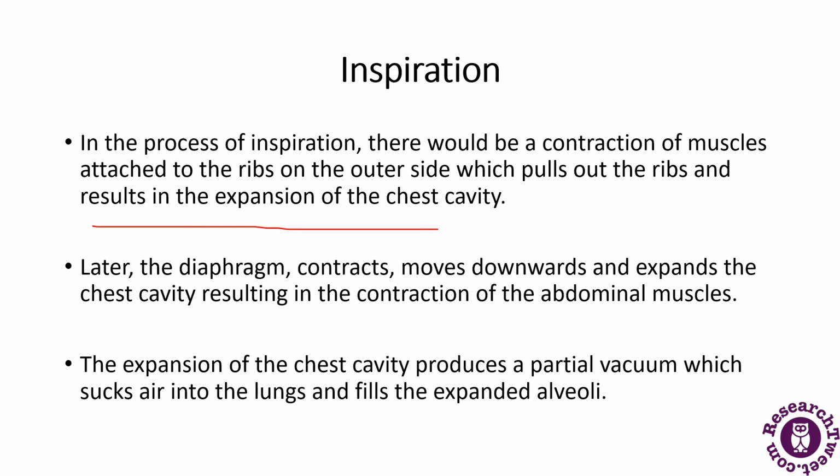At the onset of inspiration, the inspiratory muscles are stimulated to contract and they enlarge the thoracic cavity. The major inspiratory muscle is the diaphragm. The relaxed diaphragm has a dome shape, and when it contracts, it descends downwards and enlarges the volume of the thoracic cavity by increasing the vertical dimension.